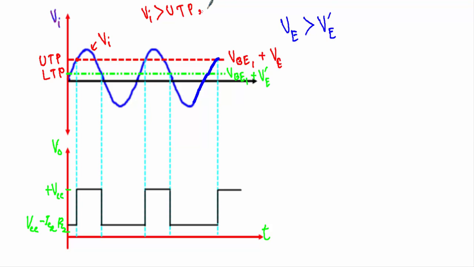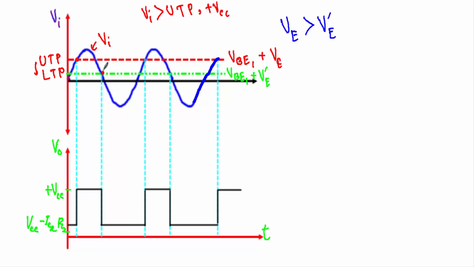Our reference point will now shift from UTP to LTP, and as long as our input voltage is greater than this LTP, our output voltage will stay at this plus VCC level, and you will see that our input voltage is changing like this.